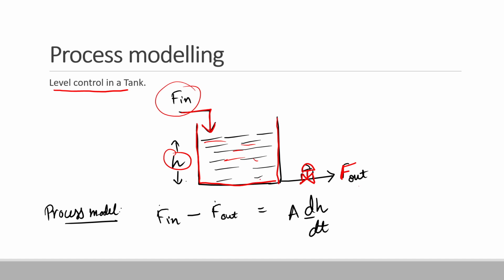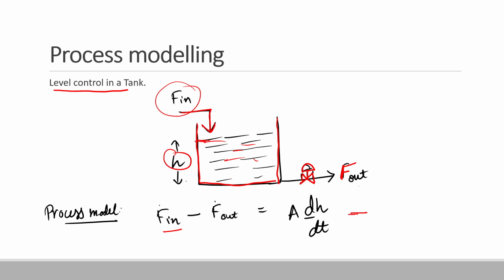If I have to write a simple process model that mimics this system, I can use the basic conservation laws, that is conservation of energy or conservation of mass. From conservation of mass, flow in minus flow out will be equal to the accumulation within the tank. That is, flow rate in minus flow rate out equals area times the rate of change of height, where h is the level of the water.